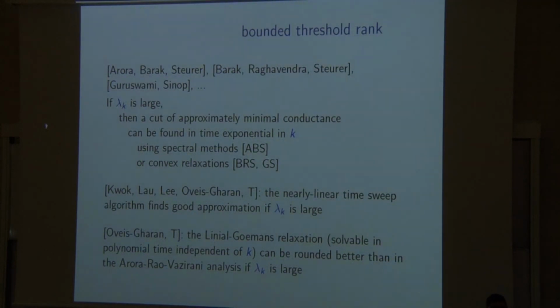There are reasons why you might expect those results to be true. Roughly speaking, the intuition about the cases in which lambda k is large would suggest that those graphs look like they only have k vertices. So among things you can do in graphs with k vertices is to get ARV to have approximation root log k and brute force to run in time 2 to the k.